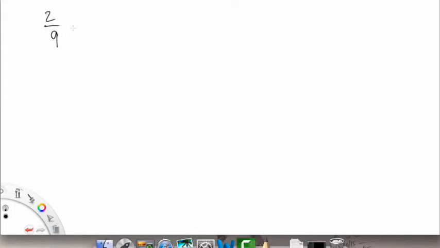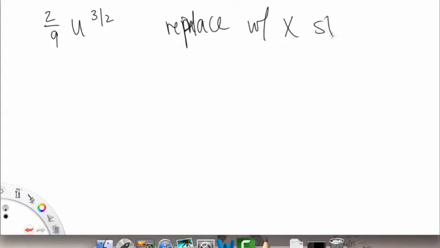Okay, so here's where we're at. We're at 2 over 9 times u to the 3/2 power. Here is where I'm going to replace with x stuff.